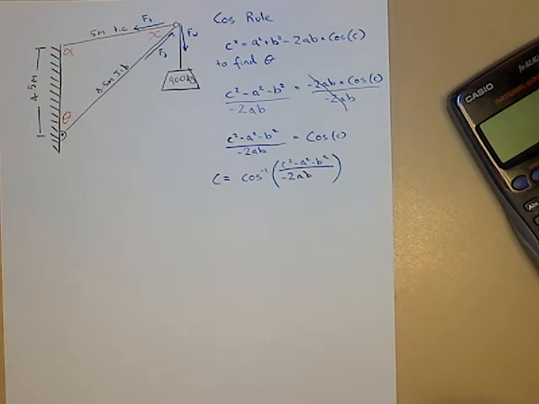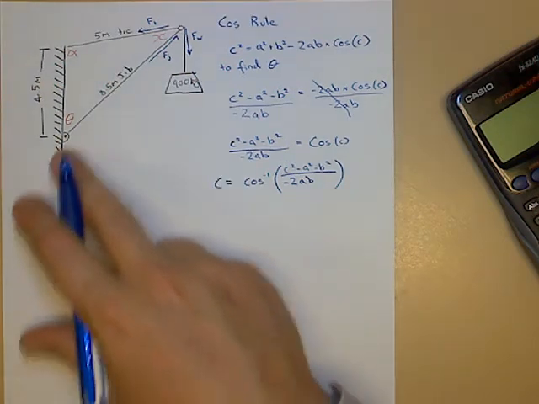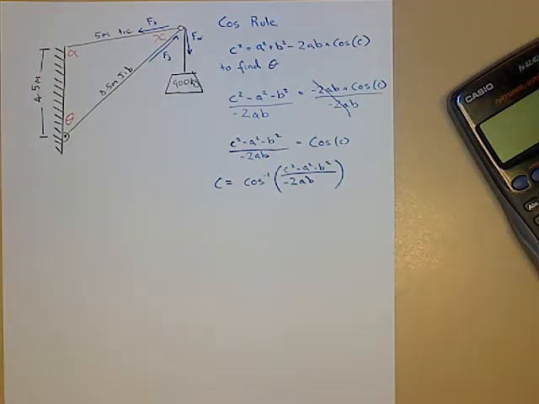And that will be our angle C. Now we can use that to find either theta, alpha, or x. We just need to pick what our sides are, so let's use it to find theta.